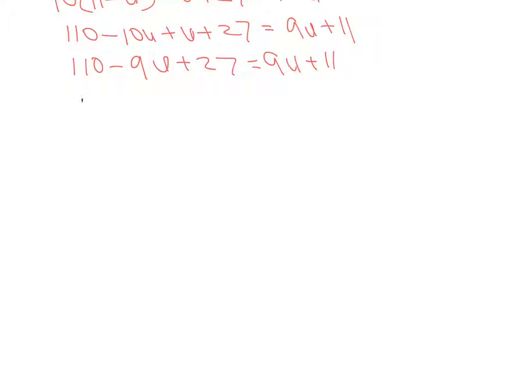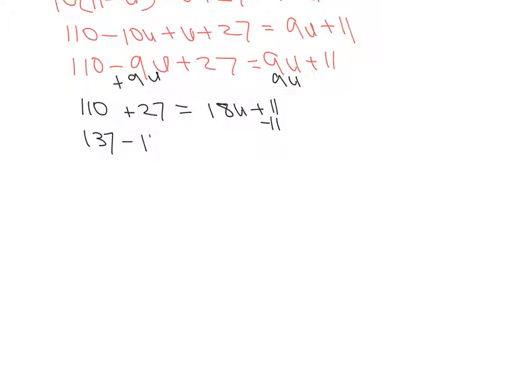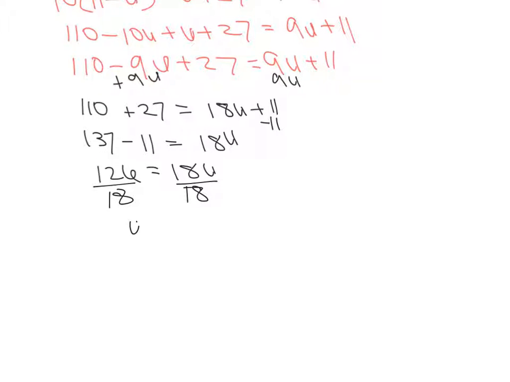So I'm going to get 110, add 9u to both sides. So 137, subtract 11 from both sides. 126 equals 18u. Divide by 18, divide by 18, and I get u equals 7. Okay, so my units digit is 7.